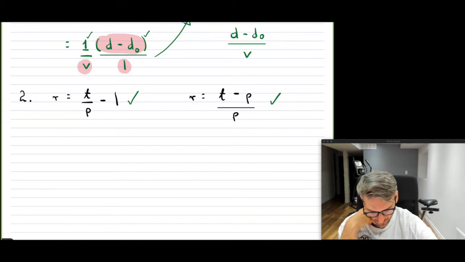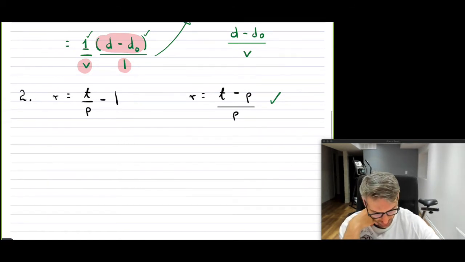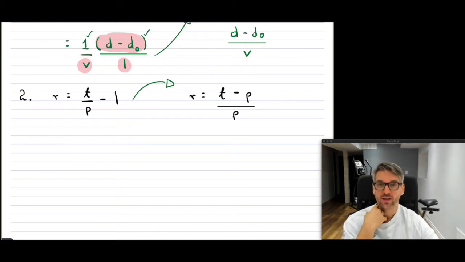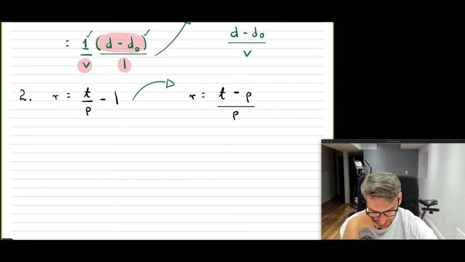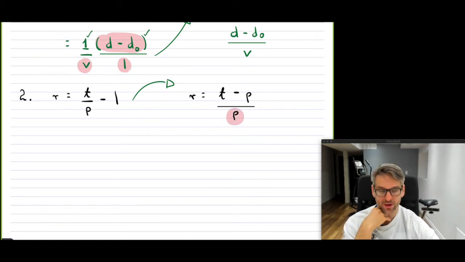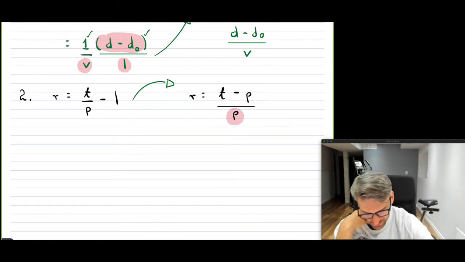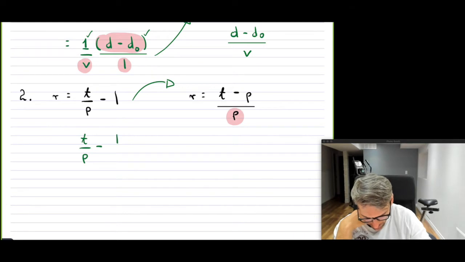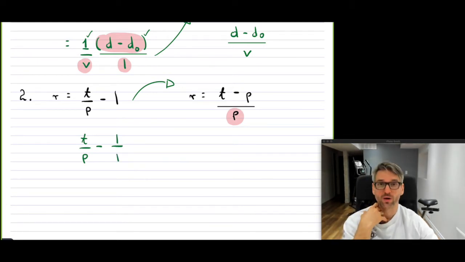Well, if you start from the left-hand side here and you want to go to the right-hand side, so if you want to match it to this direction, this again goes back really just to understanding fractions and finding common denominators. So what we have done is we wanted to have a common denominator. So remember that this is really just t over p minus 1, and 1 can be just written as 1 over 1.